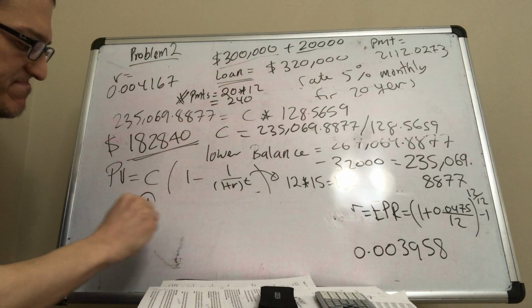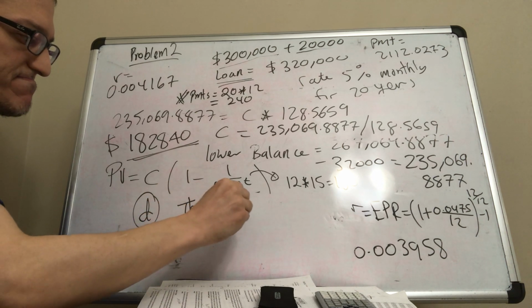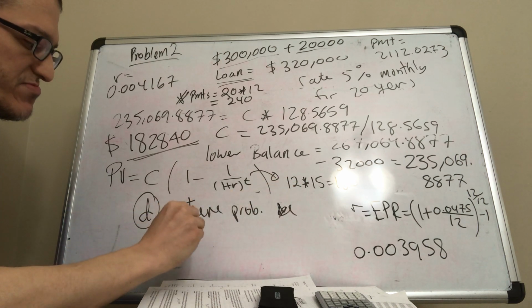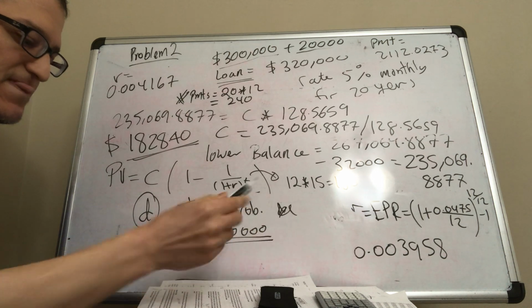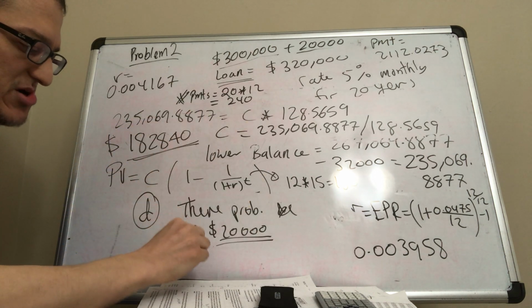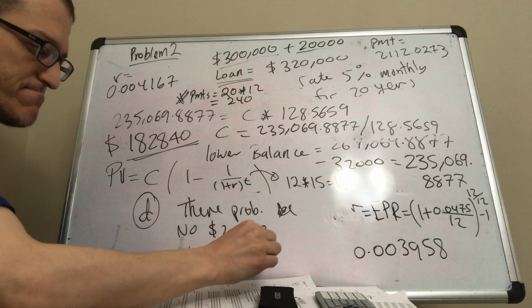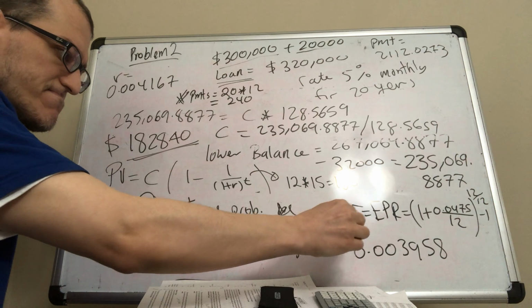So there probably would be no 20,000 for shipping. So the loan would only be 300.